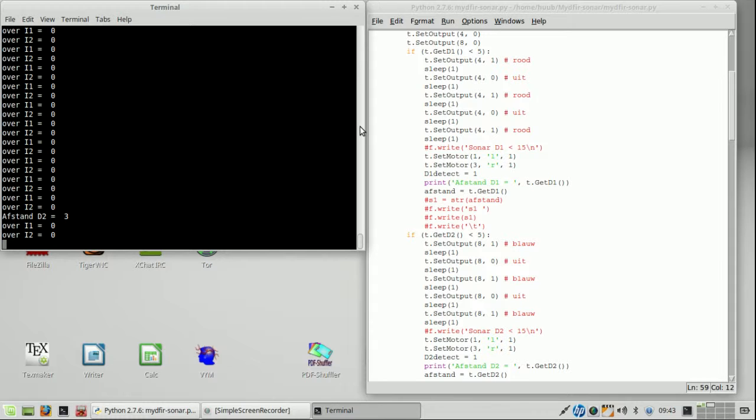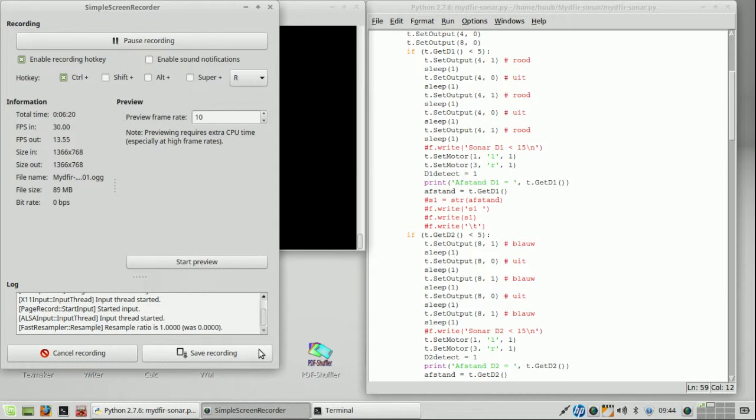Yes, thank you. Clearly D2. I want to see D1, but I am not. Moving my hand in front of the sonar, D1, but I'm not seeing anything yet, so that is a failure. It's a hardware failure, not a software failure. Who would have guessed? I have to find this out.